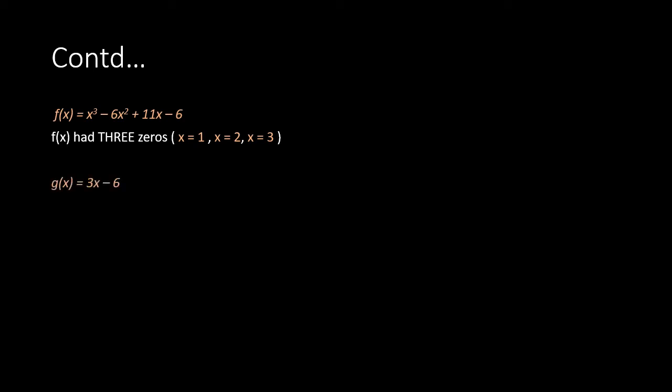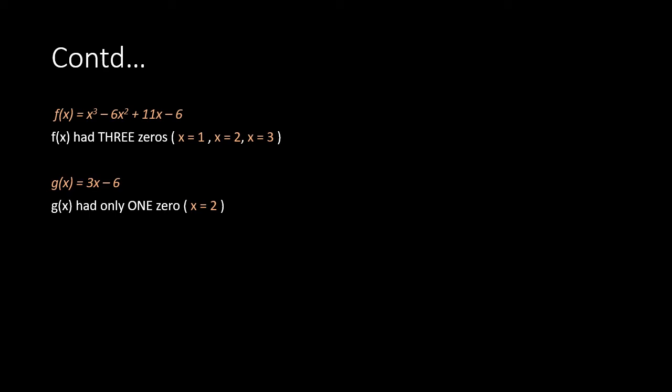Now we did two cases, right? First, we took the polynomial f of x equals x cubed minus 6x squared plus 11x minus 6, and we saw that there are three different zeros: x equals 1, x equals 2, and x equals 3. Then in the second problem, we took another polynomial g of x equals 3x minus 6, and we saw that it had only one zero, x equals 2.